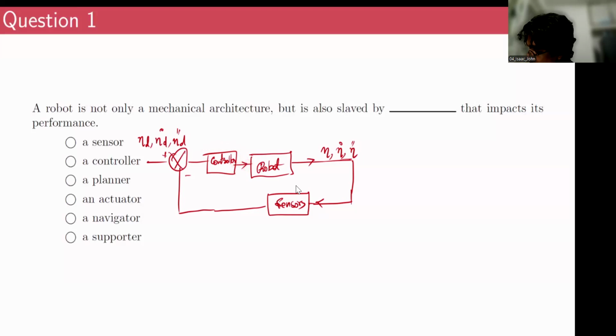So the robot, which is a mechanical architecture comprising rigid links, motors and actuators, the execution of any task of this robot is actually determined by this controller. So in effect, you can say that the robot is slaved by this controller.